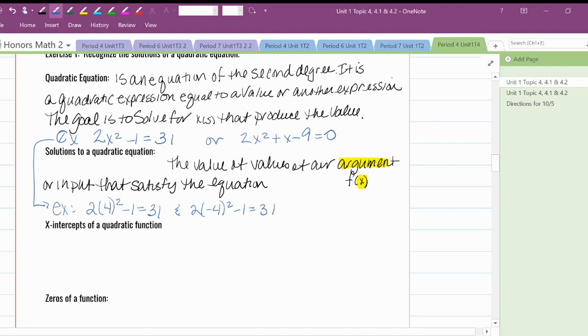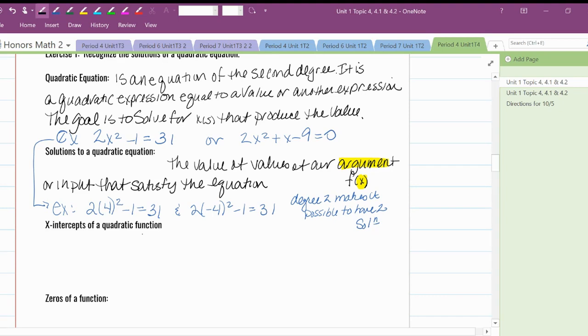So now that we have degree 2, it is possible to have 2 solutions.